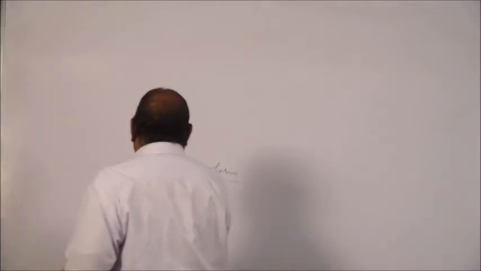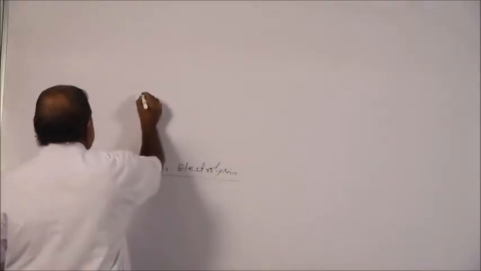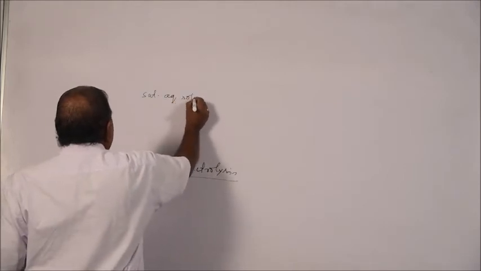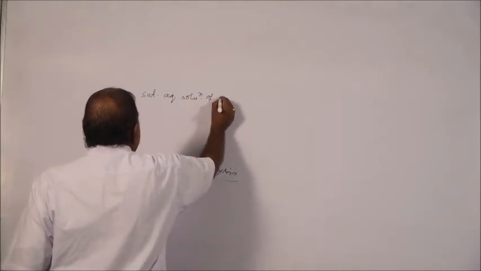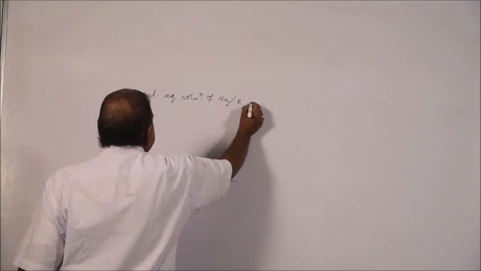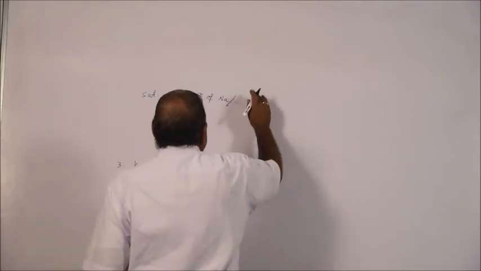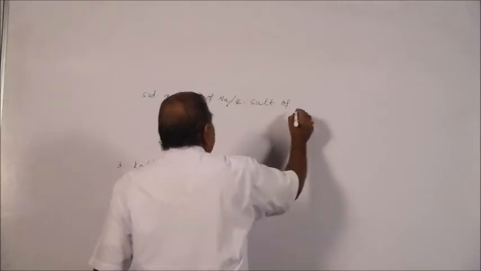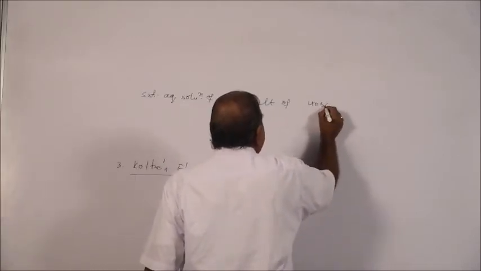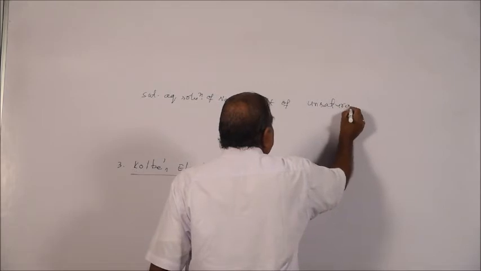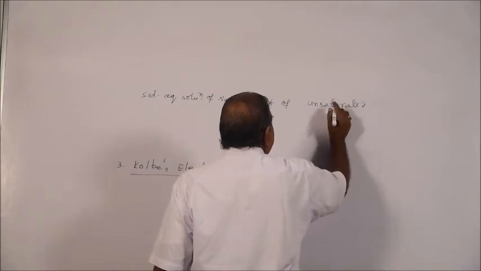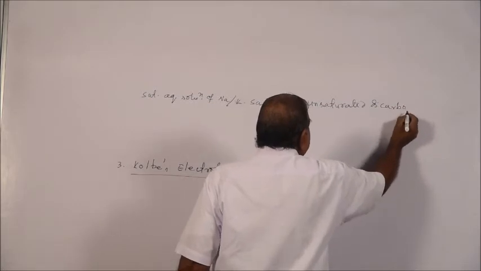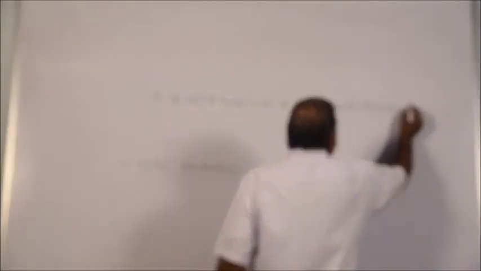Now, in the case of alkyne, you will have to take a saturated aqueous solution of either the sodium or potassium salt of an unsaturated dicarboxylic acid.